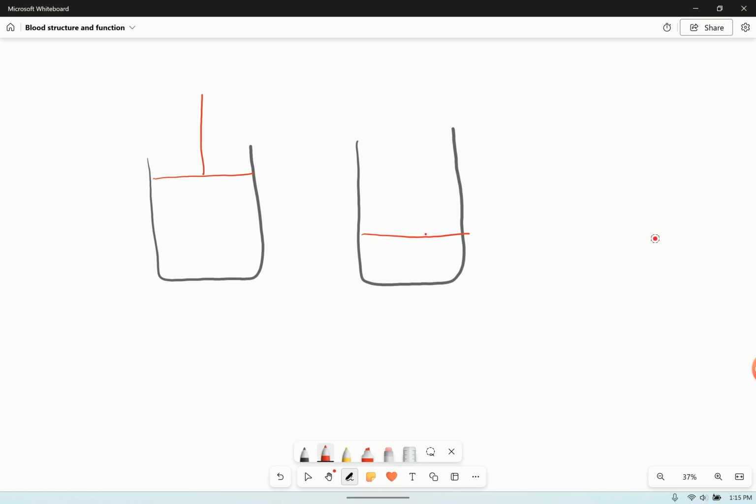Okay, so if you take this plunger and move it like so, you're going to increase the volume. Okay, so there's going to be more space, so you're going to increase the volume and therefore decrease pressure.